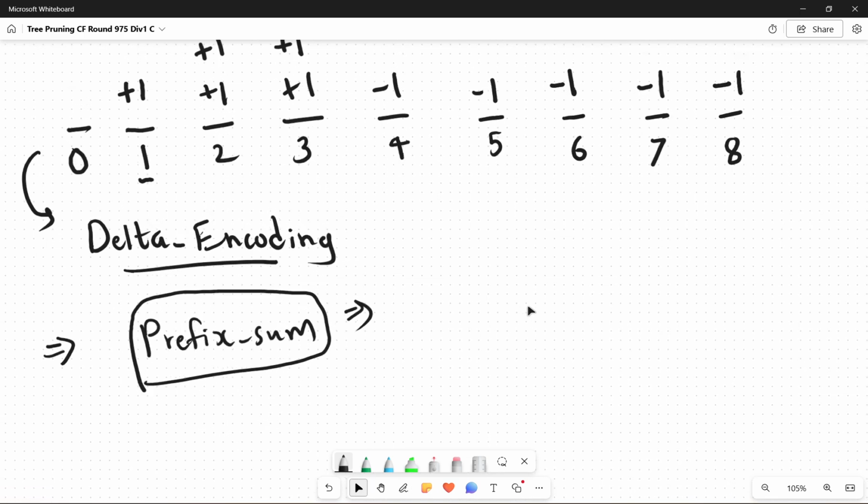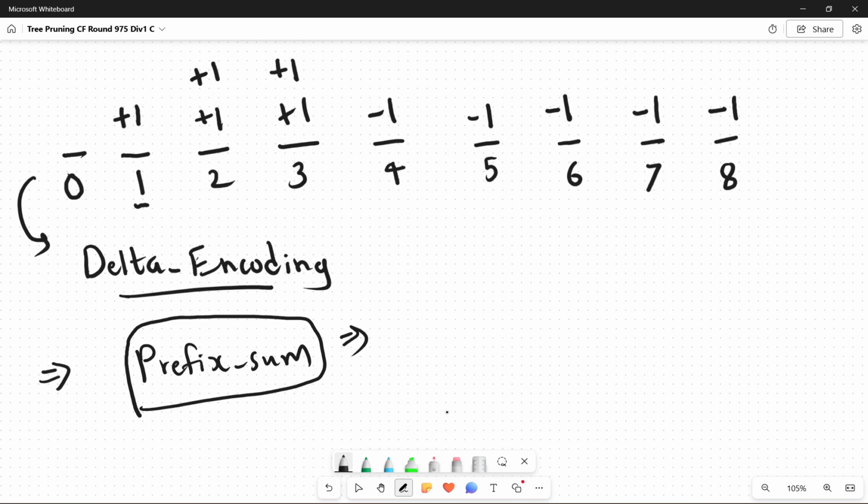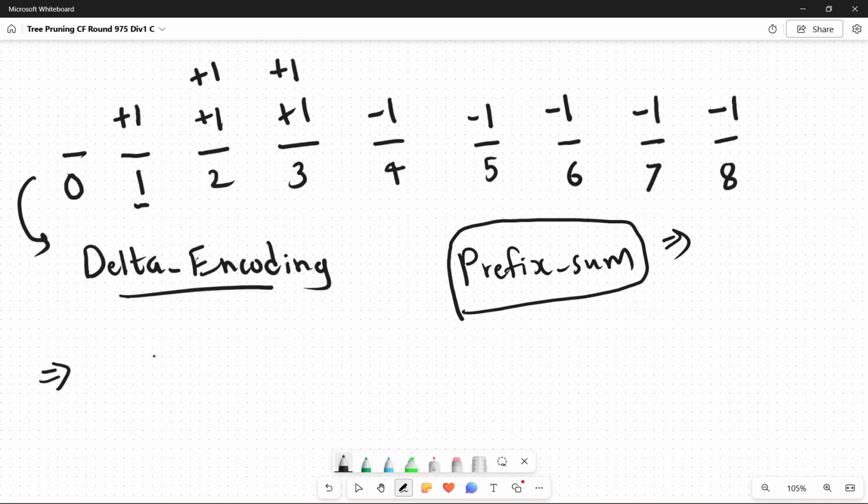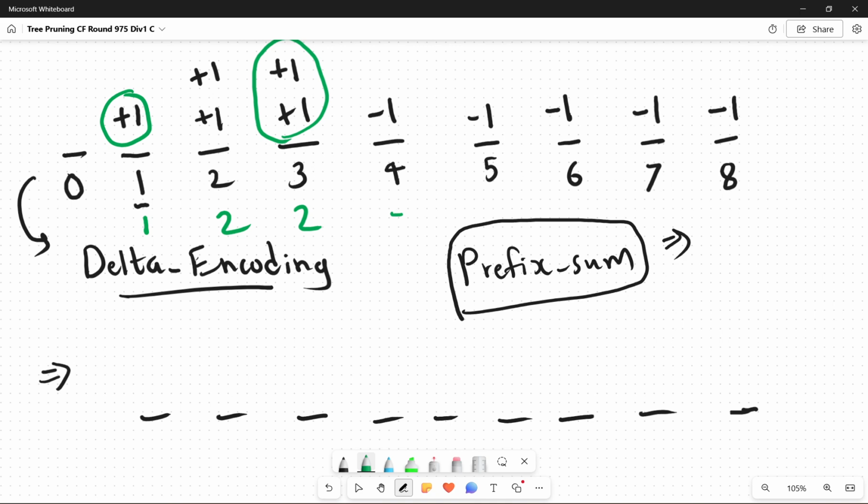So how will it look? Let's see. If I do the prefix sum for 0, 1, 2, 3, 4, 5, 6, 7, and 8, my delta encoding array is 1, 2, 2, then minus 1, minus 1, minus 1, minus 1, minus 1.